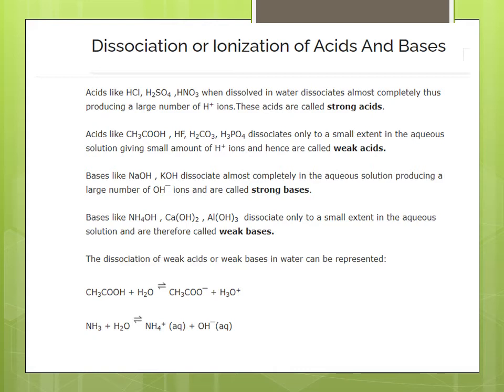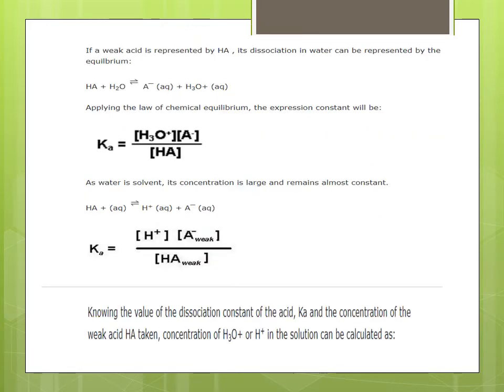The dissociation of weak acids or weak bases in water can be represented: CH3COOH and water gives CH3COO negative and H3O positive; NH3 and water gives NH4 positive and OH negative.